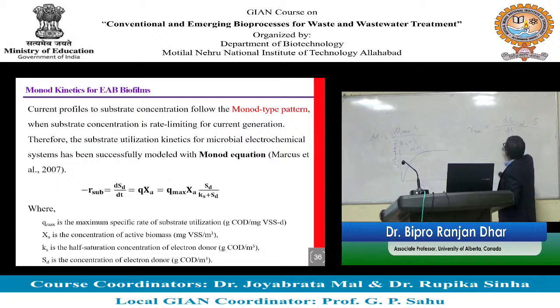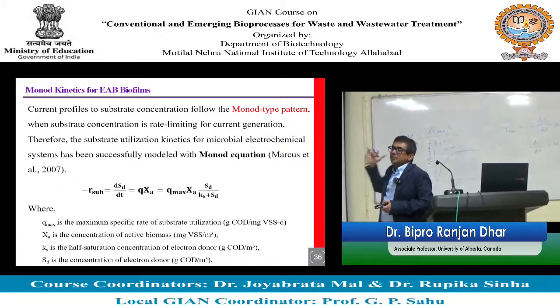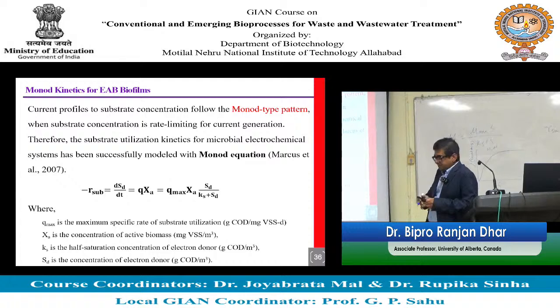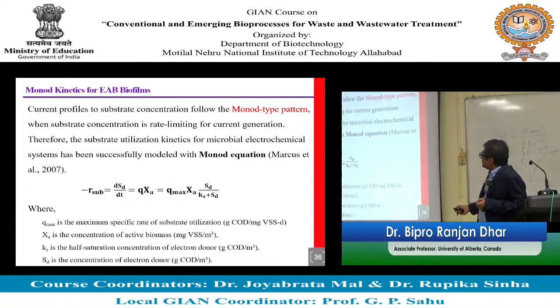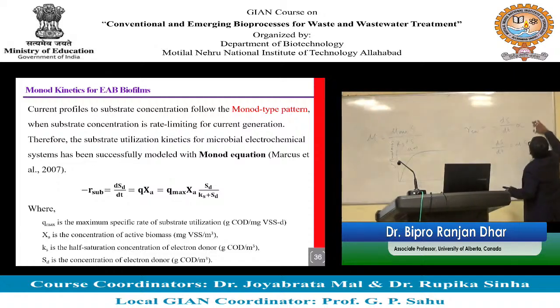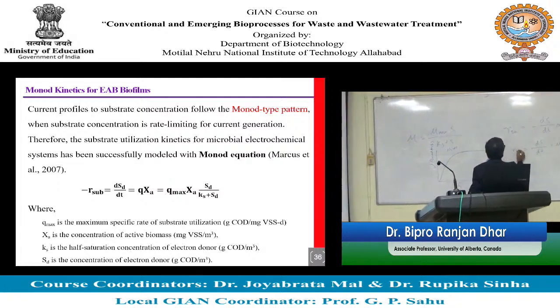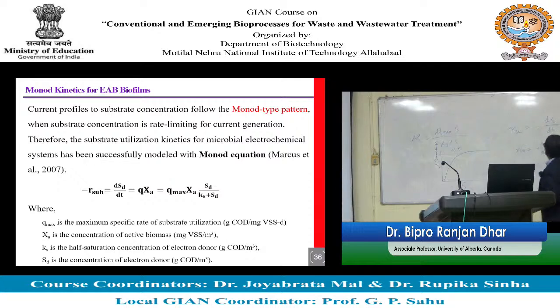Now we can put in a proportionality constant, mu s. So this is the Monod equation, the substrate utilization kinetics. Now you can see here, sorry, it doesn't depend on S, actually it's the biomass concentration. So mu max. Do you agree with that?